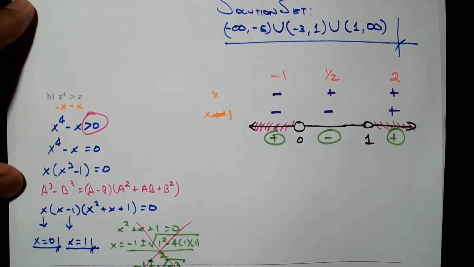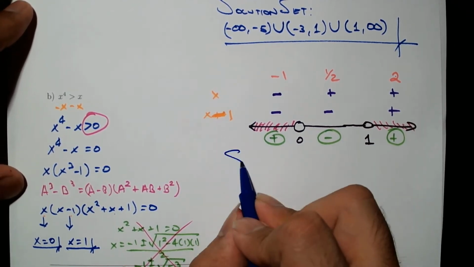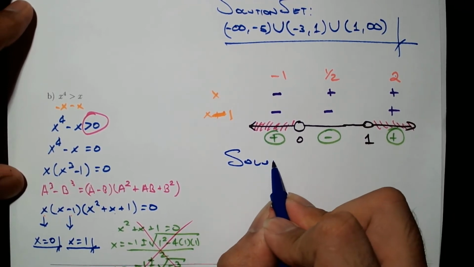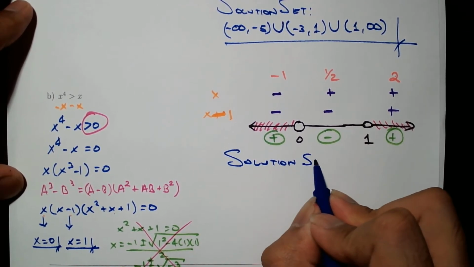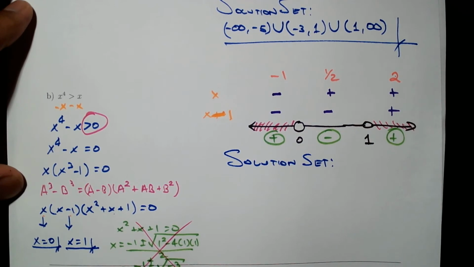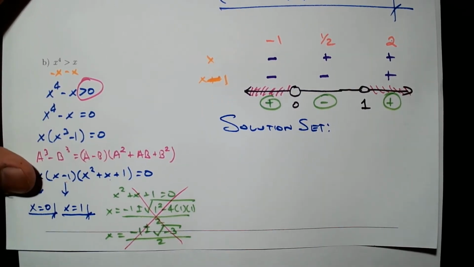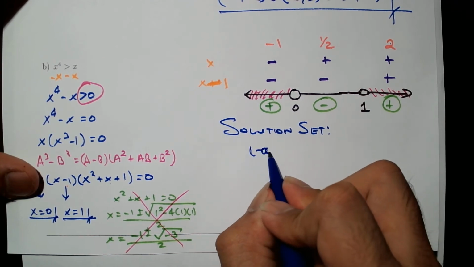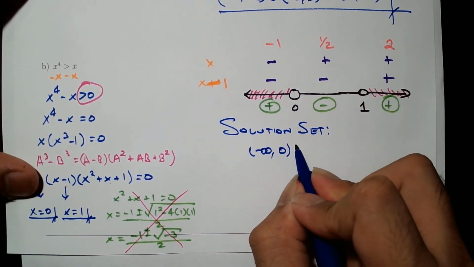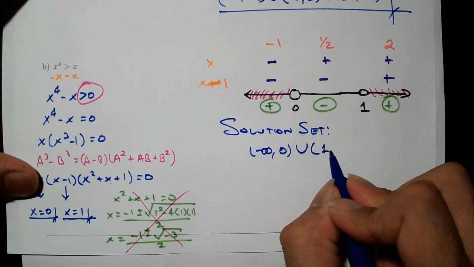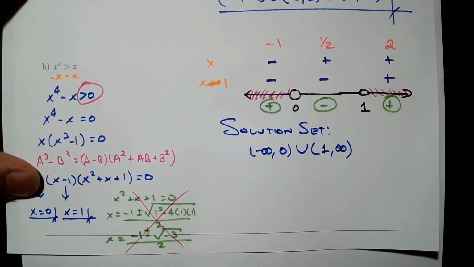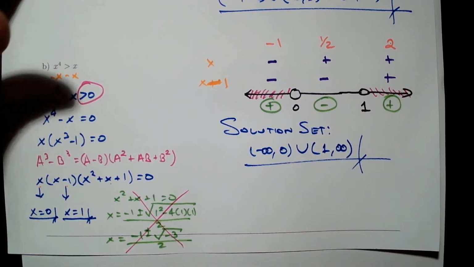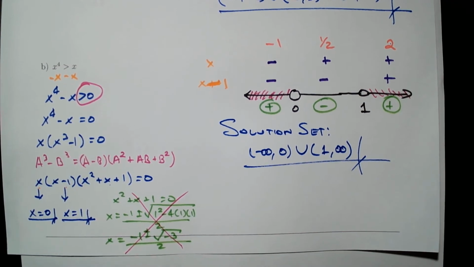And our final answer, let's write it down using interval notation. The first one, which is -infinity to 0 union with 1 to infinity. And that's our solution set for this inequality.